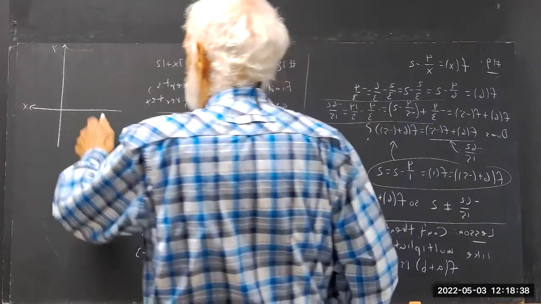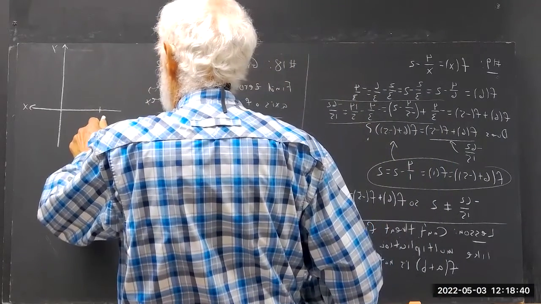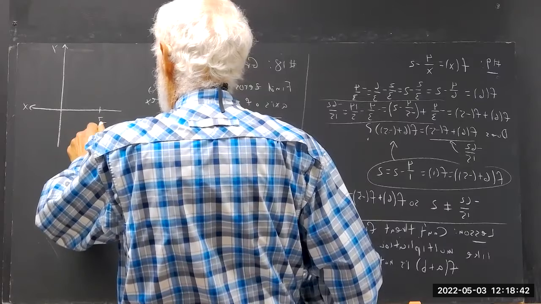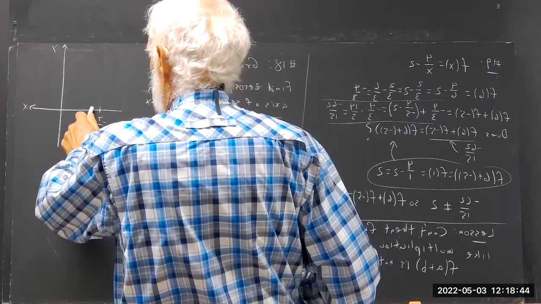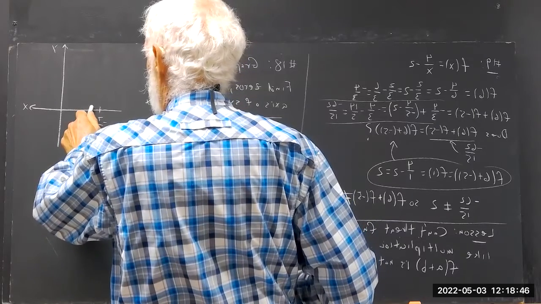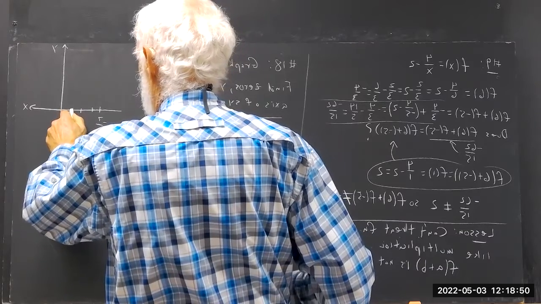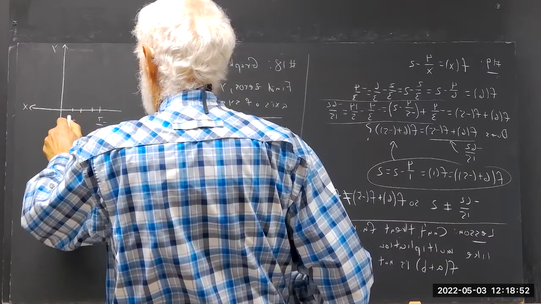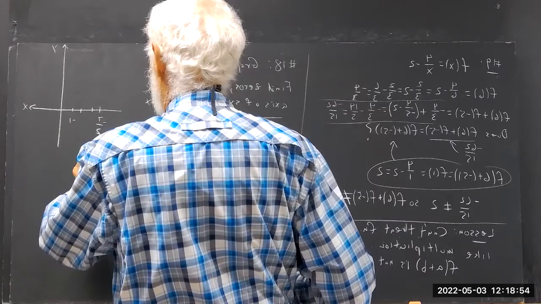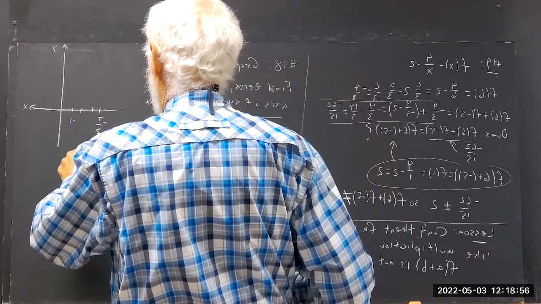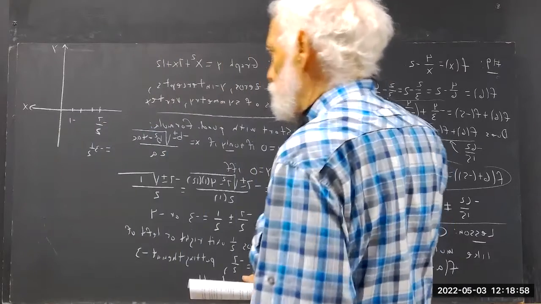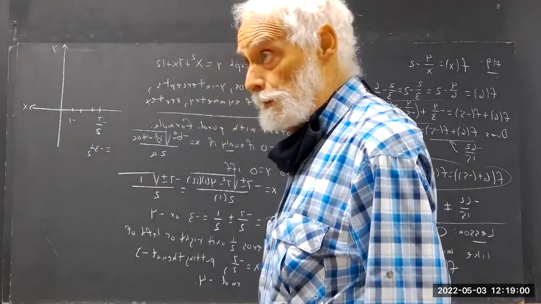Anyhow, so here is negative 7/2. Then here would be negative 3, negative 2, negative 1. I'll make a note that negative 7/2 is negative 3.5.